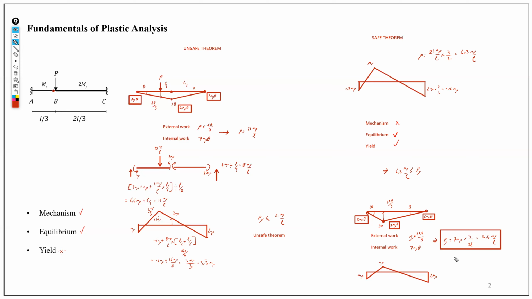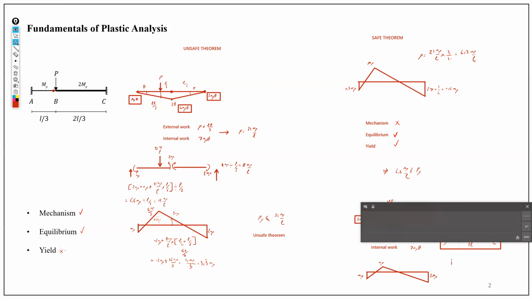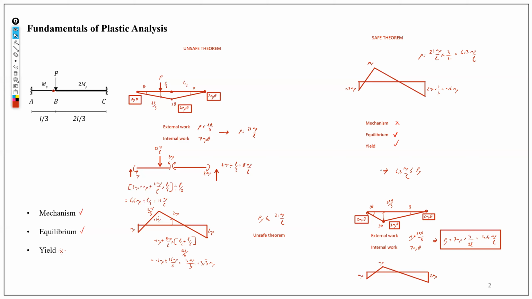Right now we have our conditions. Let me write them down here for you. Mechanism, as you can see here, we have 3 plastic hinges. So definitely with these 3 plastic hinges, this beam turns into a mechanism.